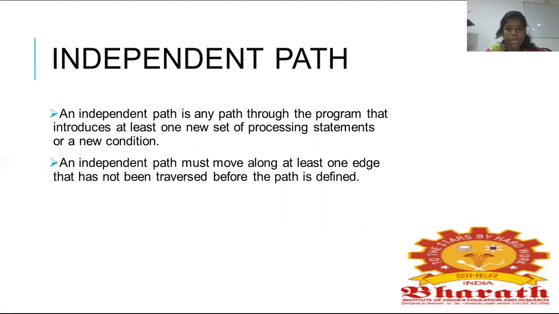An independent path is any path through the program that introduces at least one new set of processing statements or a new condition. An independent path must move along at least one edge that has not been traversed before the path is defined.